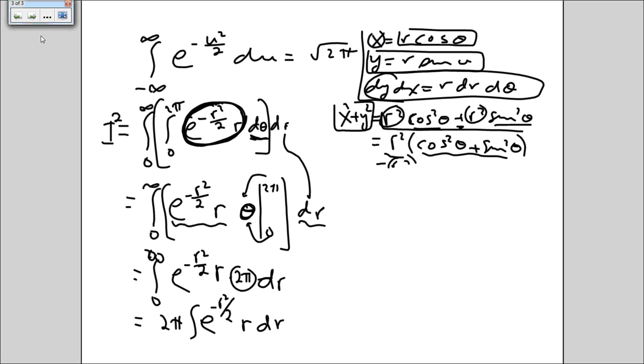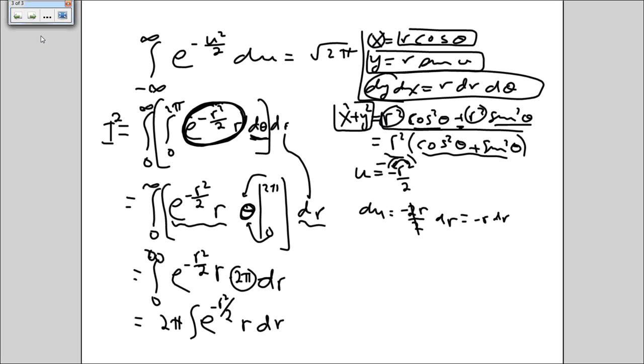And make a substitution change. Let u equal negative r squared over 2. Well, then du, bring down the power, will be negative 2r over 2 dr. The 2's cancel. That is, we get negative r dr. You want to divide by the negative 1, fine.